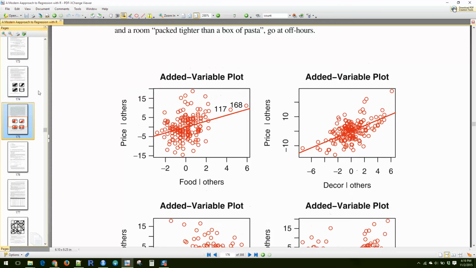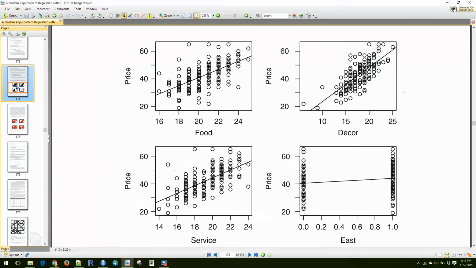Well, it's hard to explain here. Effectively, you're going to create a few plots, okay? So if we wanted to do the partial regression plot for service, we create a model where we predict price based on food, decor, and East, okay?